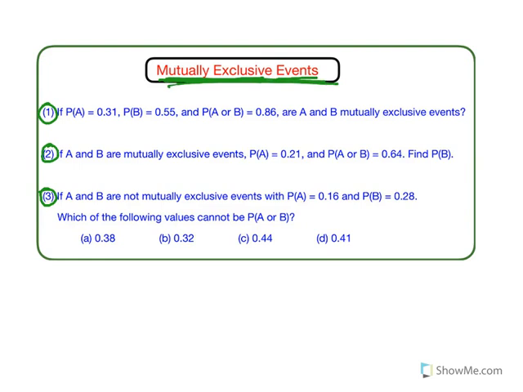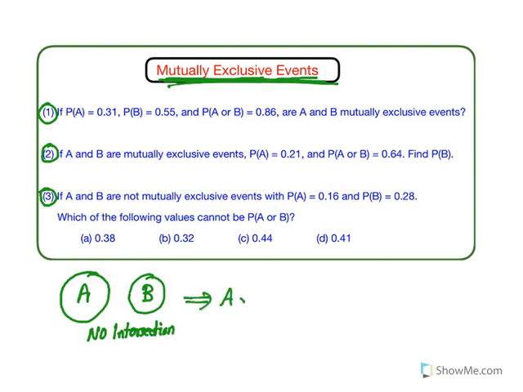So what do we mean by mutually exclusive events? If you have event A and event B like this, that they don't have an intersection, no intersection, so no part in common, then you say that A and B are mutually exclusive.